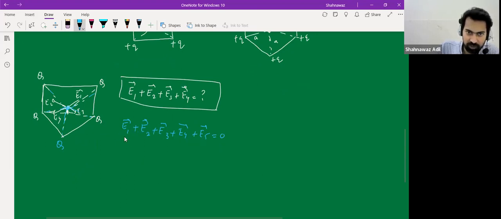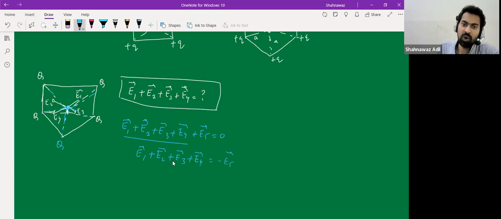So let's keep that part on the left-hand side and take this part to the right-hand side. It tells us that whatever contribution this charge is making to the electric field is exactly opposite to the contribution of these 4 charges.